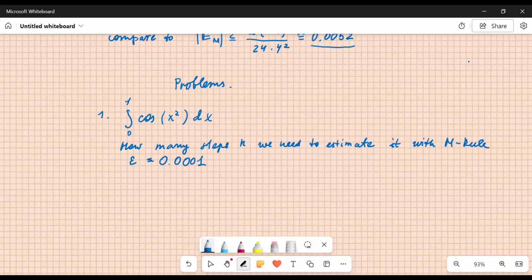So how many steps will we need in this division from 0 to 1 to estimate it with that error? I'm not asking you to do the actual estimation, just find how many steps we need, okay?